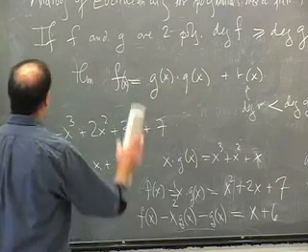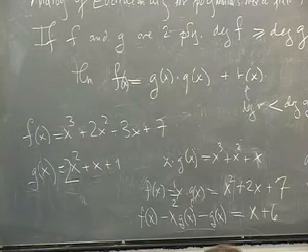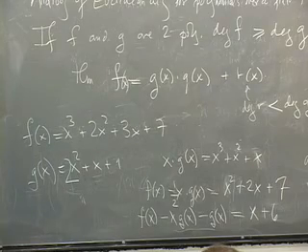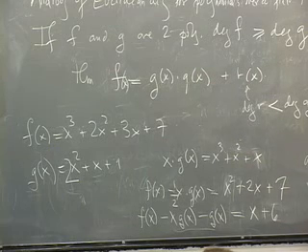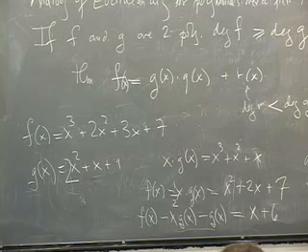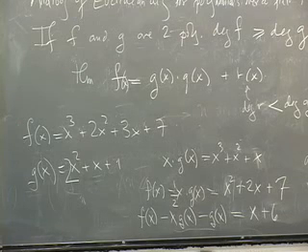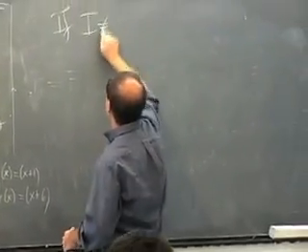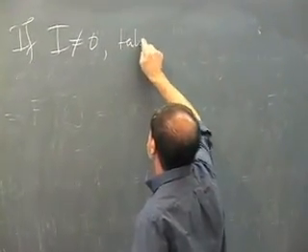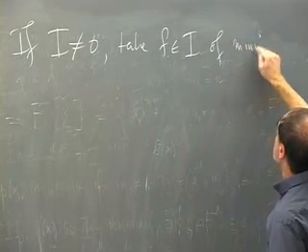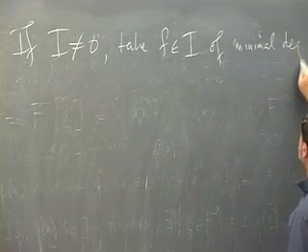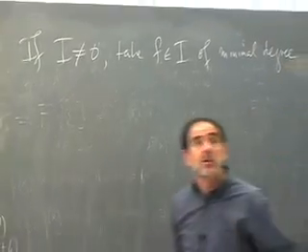All right? Now, let's prove that any ideal is generated by the monic polynomial in it of least degree. So let I be an ideal, and choose a polynomial if it's not 0. If I is not equal to 0, take f in I of minimal degree. There has to be something in I of minimal degree.